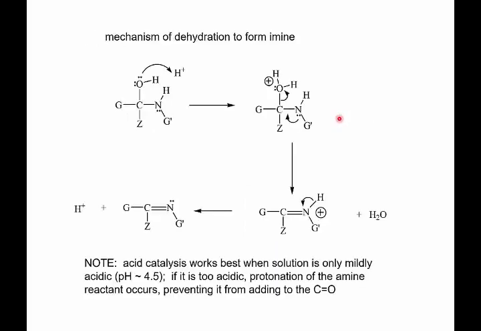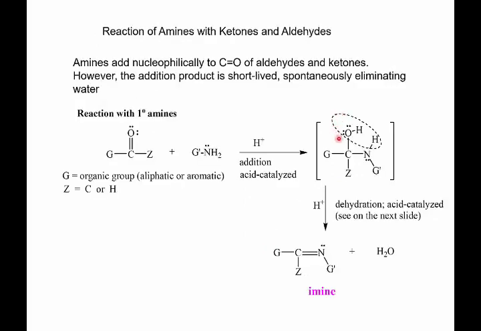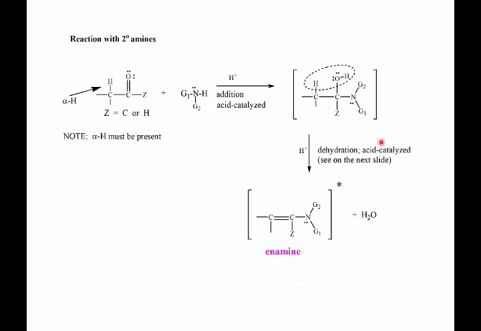Before, when we eliminated water with the reaction of a primary amine, the OH here came off with the only hydrogen on the nitrogen. But in the case of a secondary amine, there is no remaining hydrogen on the nitrogen, so it can't eliminate water in the same way.